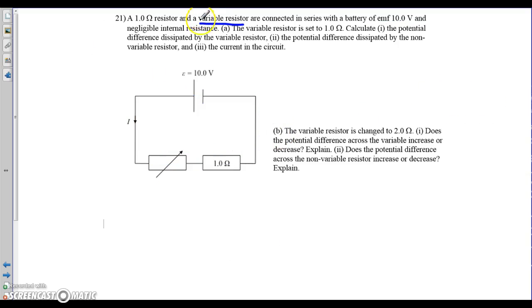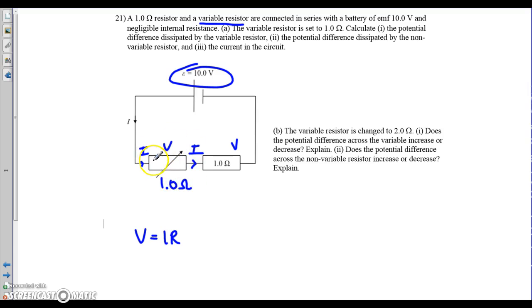Here's a simpler way to see the solution. Because these two resistors have the same resistance, 1 ohm for each, and because they have the same current, I, they dissipate the same voltage according to V equals IR. That means if they dissipate the same voltage, they share the EMF equally.